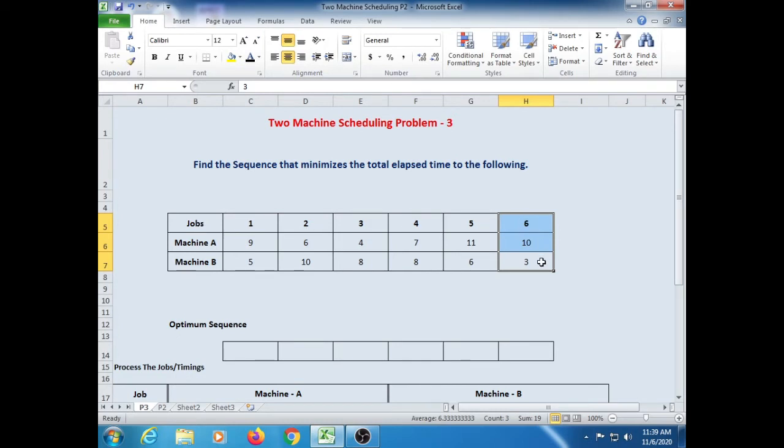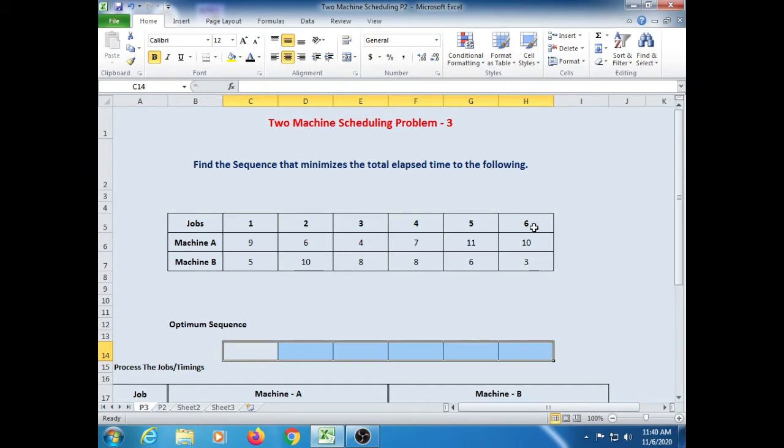Right? So first we have to place the job in the optimum sequence. Where we have to place that 6th job in the optimum sequence is the process to find out the optimum sequence.